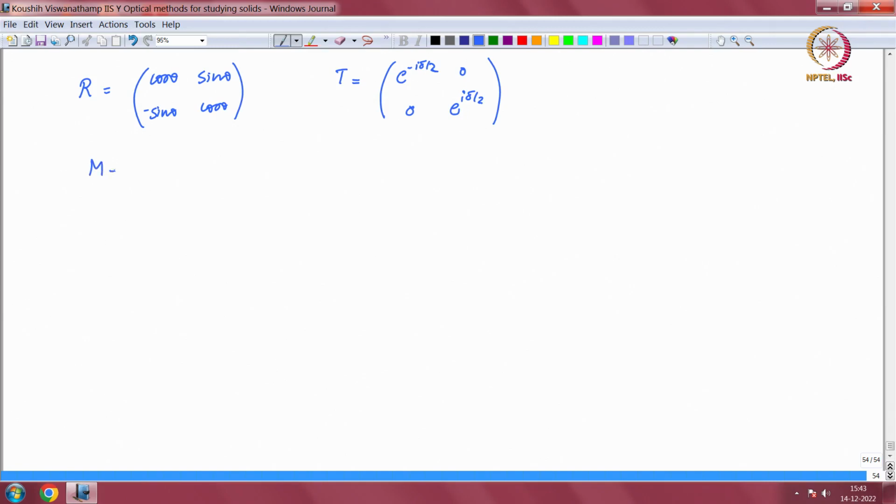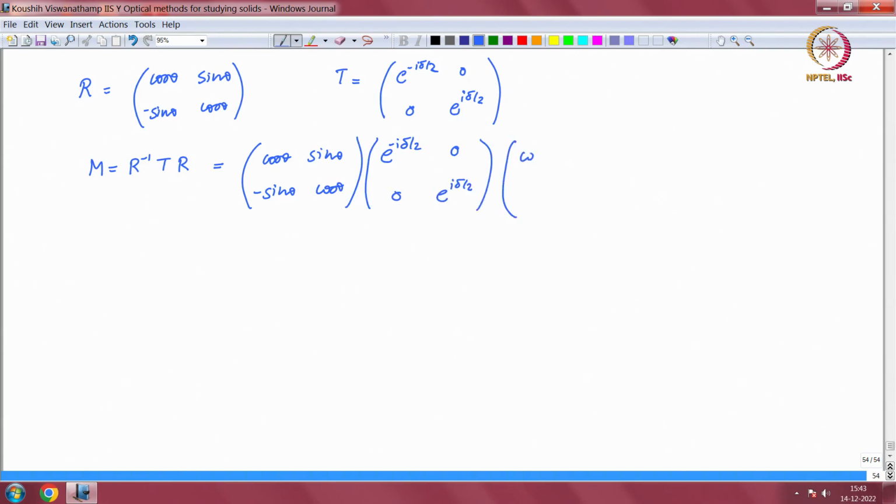So if M is R inverse T and R, then you have cos theta, sin theta, minus sin theta and cos theta, you have e to the power of minus i delta by 2, 0, 0, e to the power i delta by 2, and you have cos theta, sorry this should be inverse, right, so it will be negative, sin theta, minus sin theta and cos theta.